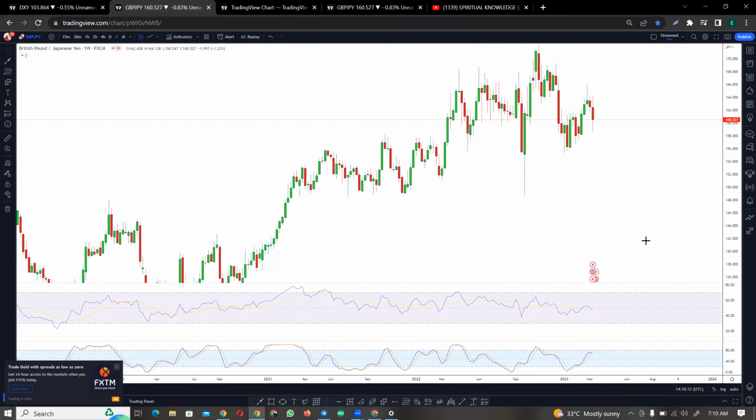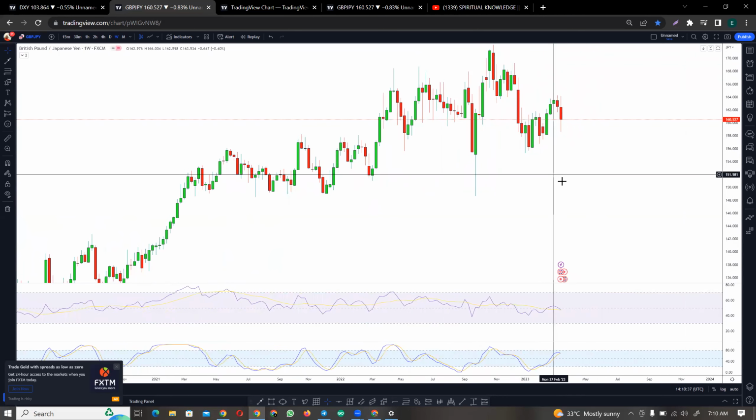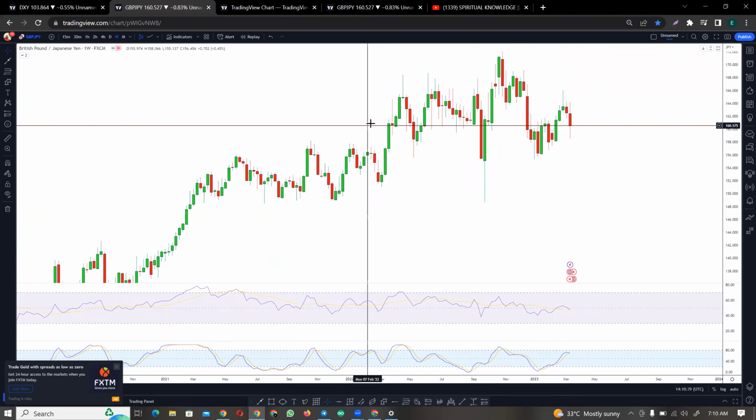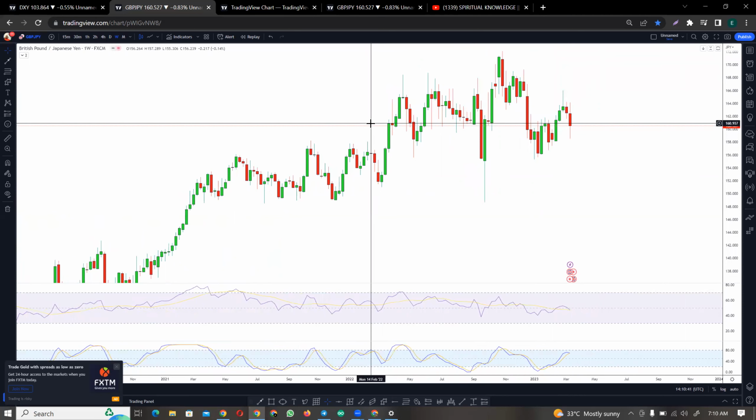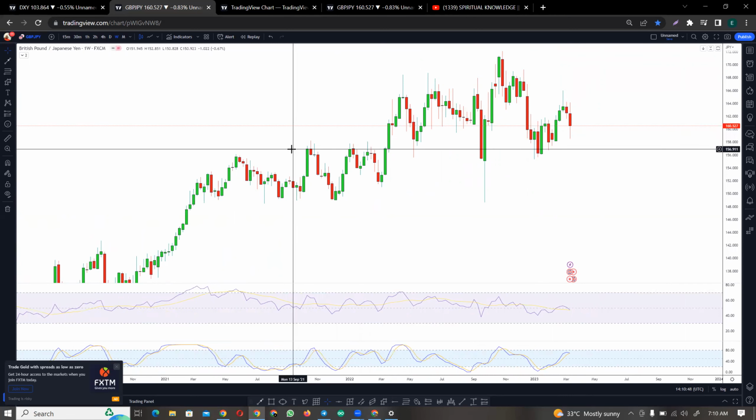So here now, what we always look out for is a zone, a resistance and a support, where it existed. We just mark it out. So we have resistance, support here.